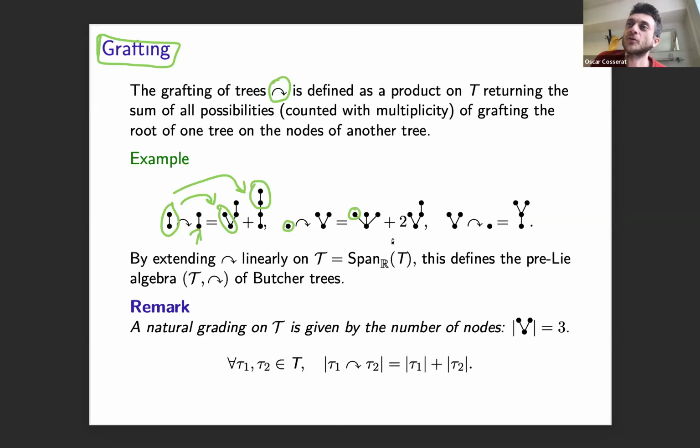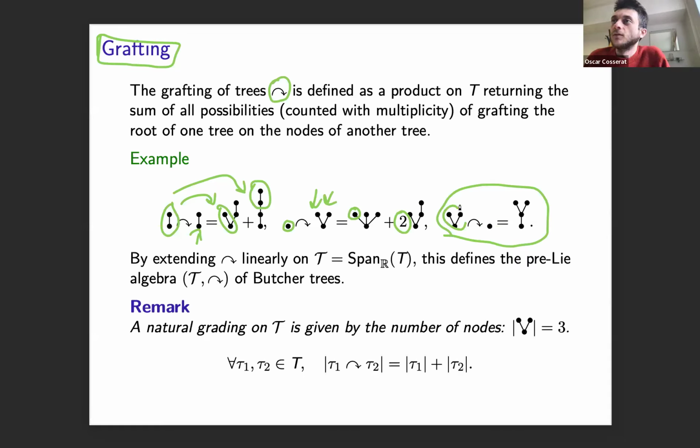Here we grafted on the root, and then on the top node, but it's the same if we grafted here and here, because the trees are non-planar, so you get twice the same tree. And the third example is not so complicated: there's only one possibility because we grafted onto the tree with one node.